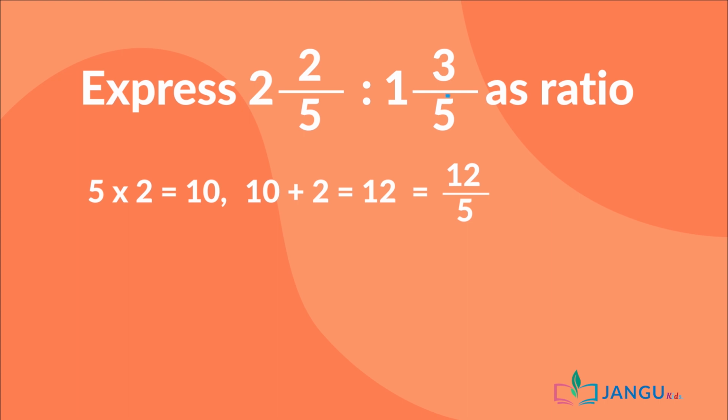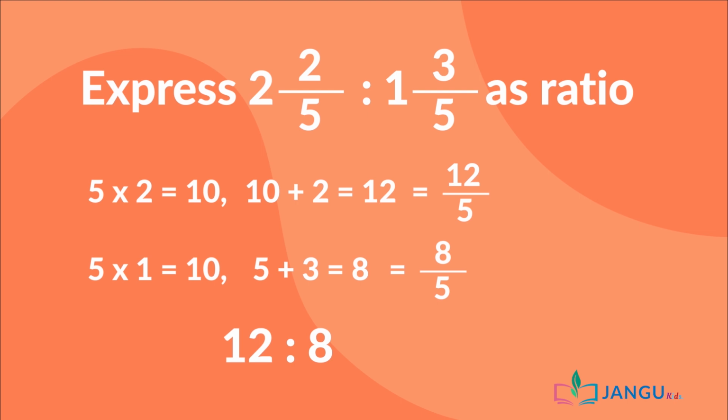The next will be 5 multiplied by 1 equals 5, and 5 plus 3 equals 8, making the fraction 8 over 5. Next, we express 12 over 5 to 8 over 5 as ratios, which is 12 to 8 and can be further simplified to 3 to 2 if we divide 12 and 8 by 4.